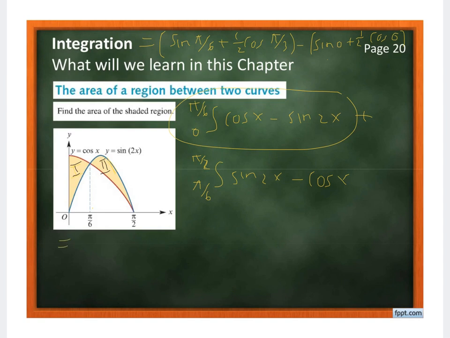Sin pi over 6 is 1/2, plus 1/2 cos pi over 3, which is 1/2, minus sin 0, which is 0, plus 1/2 times 1, since cos 0 is 1. So equal 1/2 plus 1/4 minus 1/2 to cross, so equal 1/4.